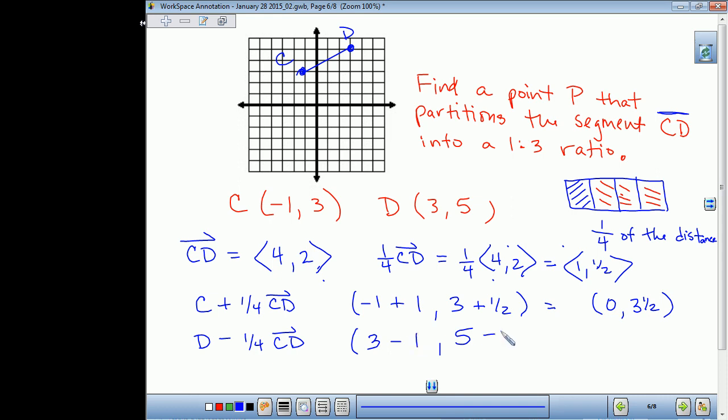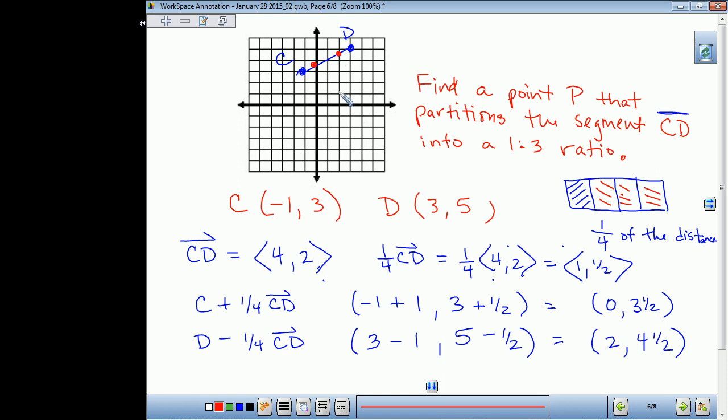So that would give me the point 2, 4.5. Would you ask us for one of them or both? So we have 2 points. We have one at 0, 3.5. Does that look like it's a 1 to 3? And then we have another one at 2, 4.5. Yes. So do you see how both of those points partition that segment?